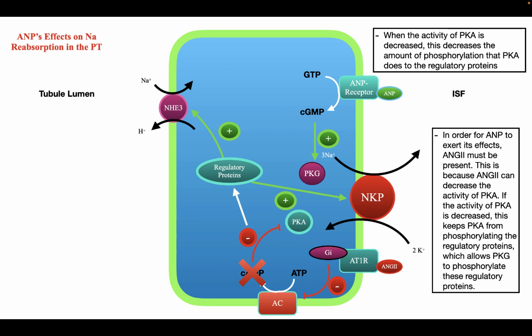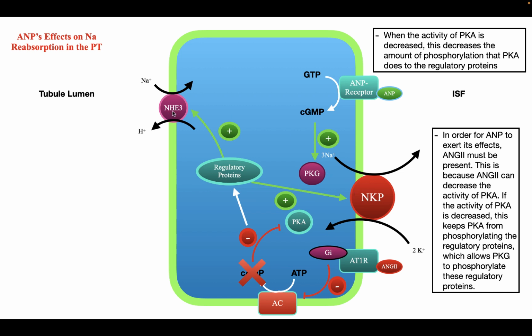This is because angiotensin II can decrease the activity of protein kinase A. When the activity of protein kinase A is decreased, this keeps protein kinase A from phosphorylating the regulatory proteins. And when protein kinase A is kept from phosphorylating the regulatory proteins, this allows protein kinase G to phosphorylate these regulatory proteins and therefore exert its effects on these two transporters.